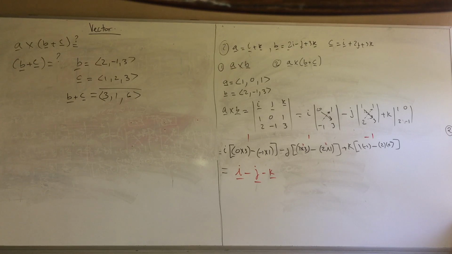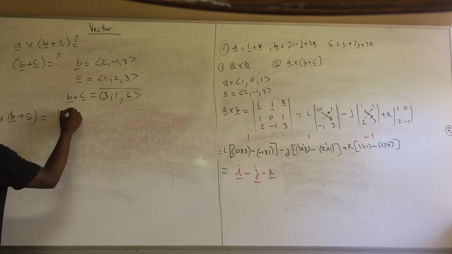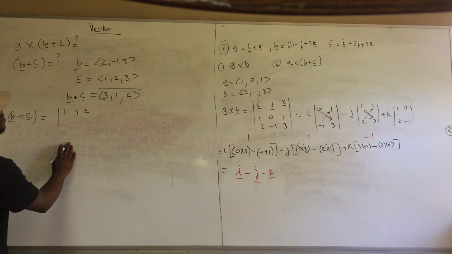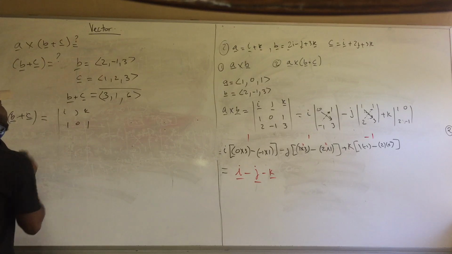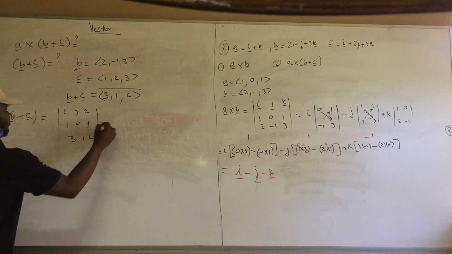Now, what is the next step? The next step is to do the cross multiplication. I have my A, and I'm having B plus C, like this, A cross B plus C. So I'll have I, J, K. Your A is 1, 0, 1, and your B plus C is 3, minus 1, 6.